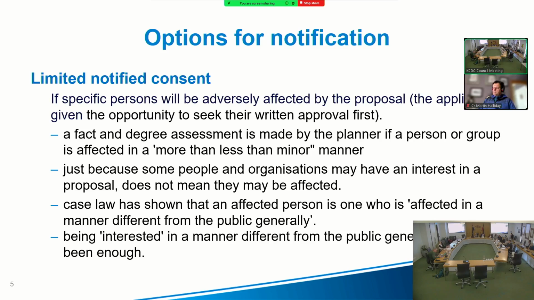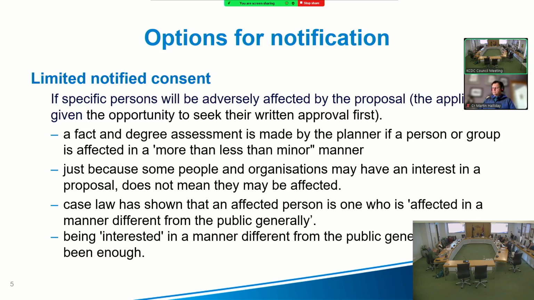And again, all of that is recorded and written down in a notification report. The reason why we have to do that is, again, like I said, that any decision that we make needs to be legally robust, which means that it can be challenged, and the planner would need to be able to stand up and defend the decision that they've made.